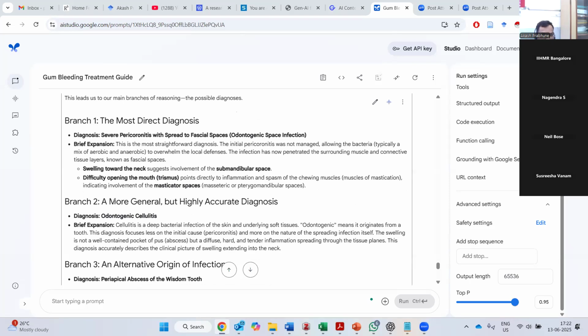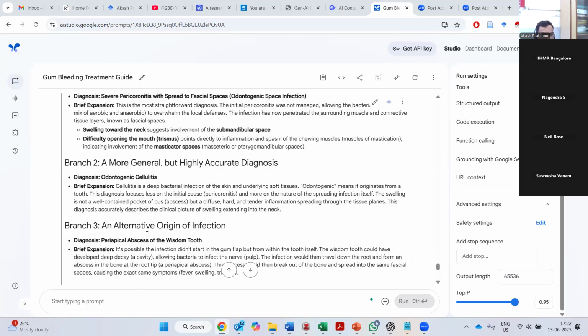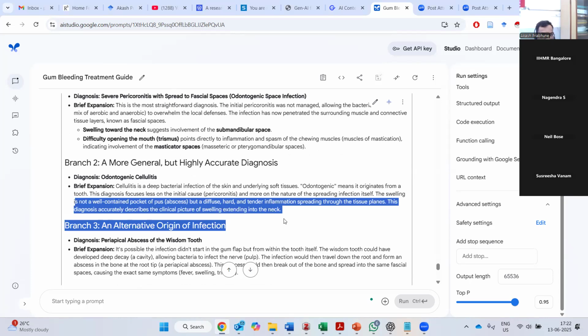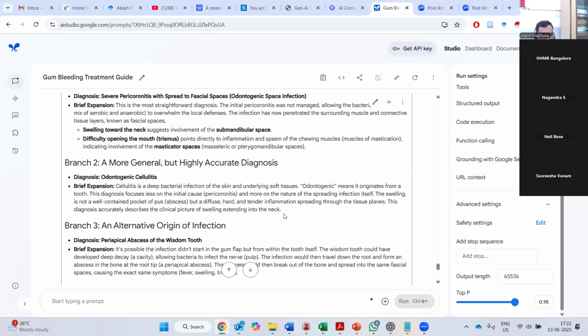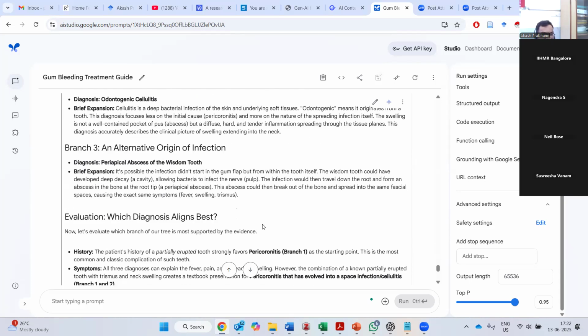It focuses less on one thing itself. The swelling is not well contained. The third branch is altered periapical of the wisdom tooth. Oh okay, I would not have thought of this. Cool.